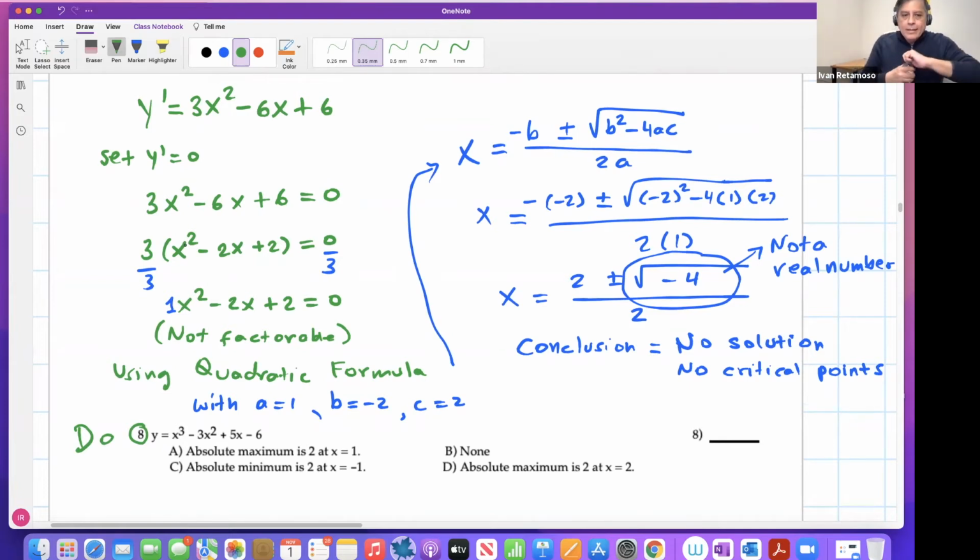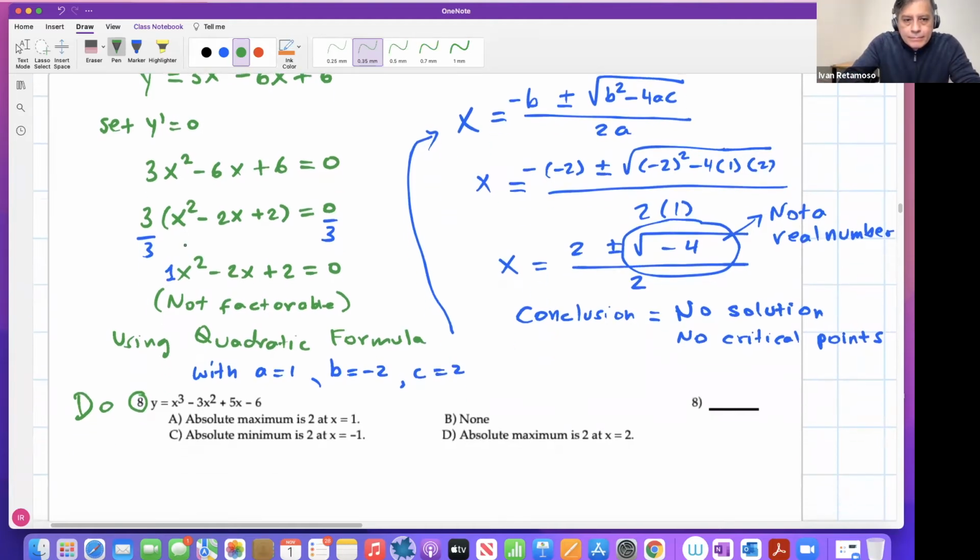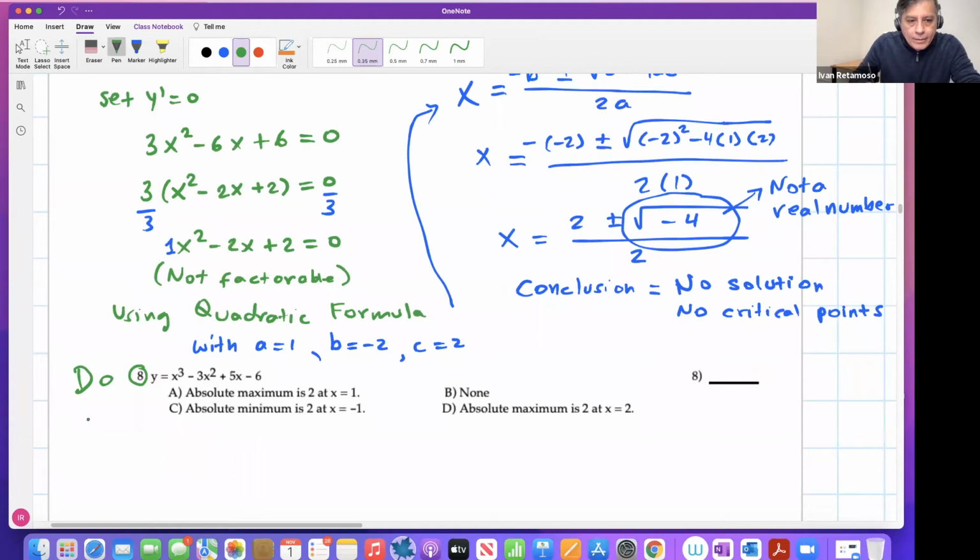Remember the hint: take the derivative and set it equal to 0 and see if you can find critical points, right? If not, you know what to do. I'm going to write here as a hint: set y prime equal to 0, and then solve for x and see if you can solve for it.